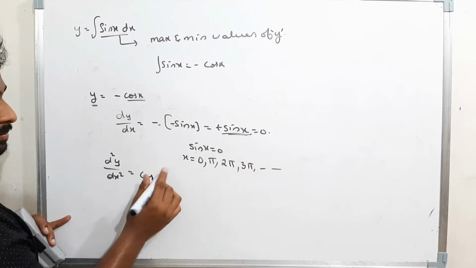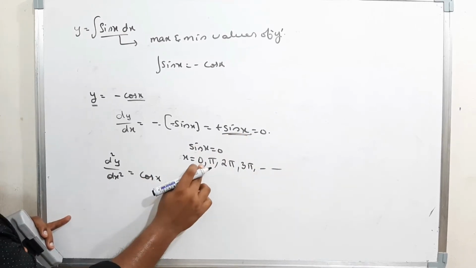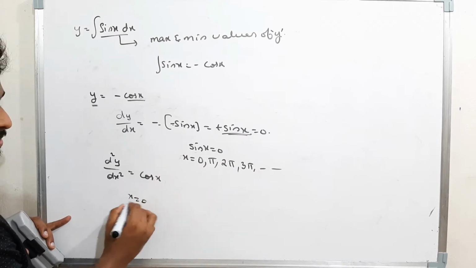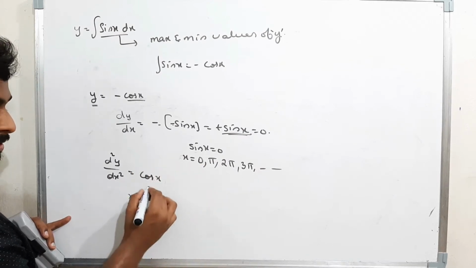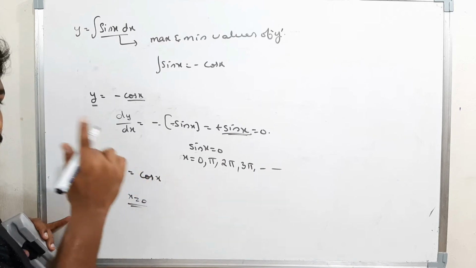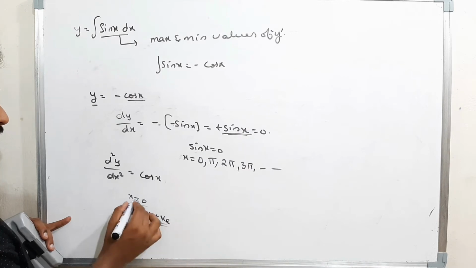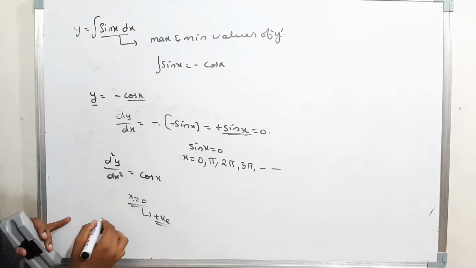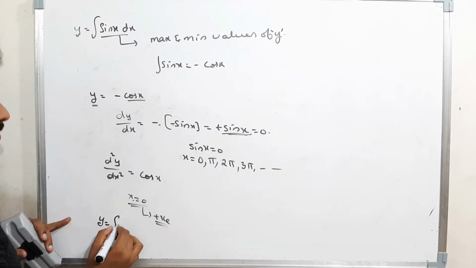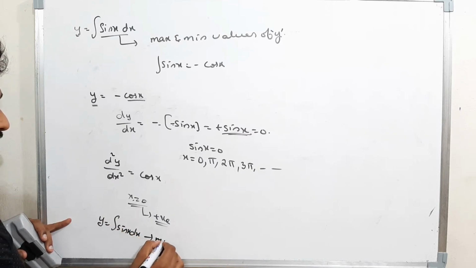Cos x. Now keep x is equal to 0. For x is equal to 0, cos 0 is 1. Therefore this will be a positive value. That means at x is equal to 0, this function y is equal to integration of sin x dx is nothing but a minimum value.